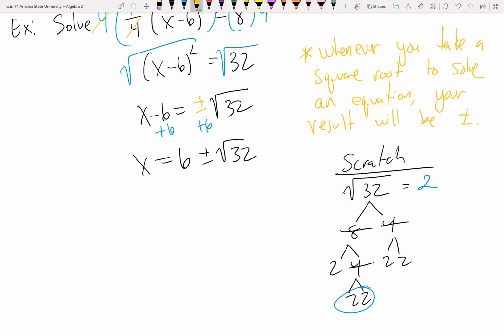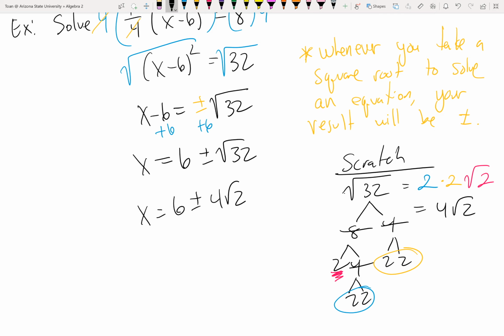I have another double here. And I have this 2 here left over. So radical 32 is the same thing as 4 radical 2. So our final answer is 6 plus or minus 4 radical 2.